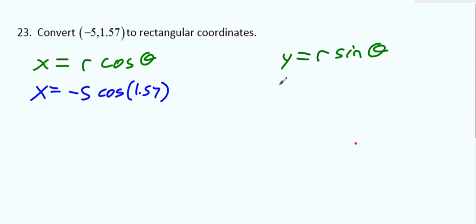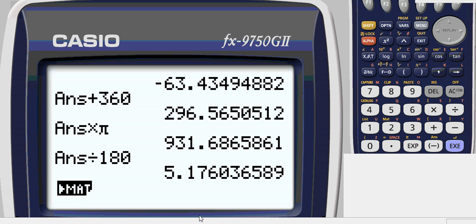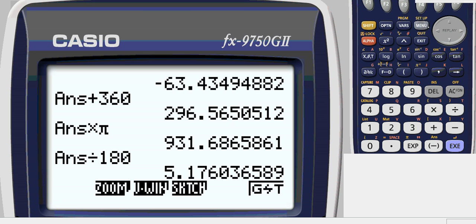And here we have r is -5 and then sine 1.57 radians. So make sure your calculator is in radians.